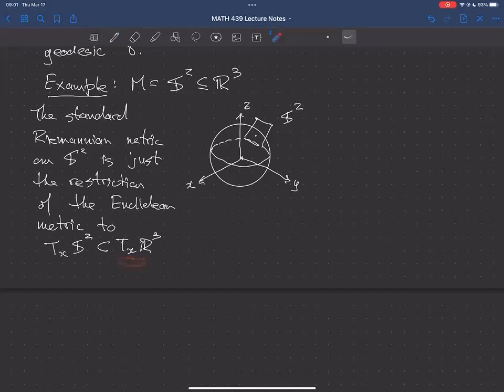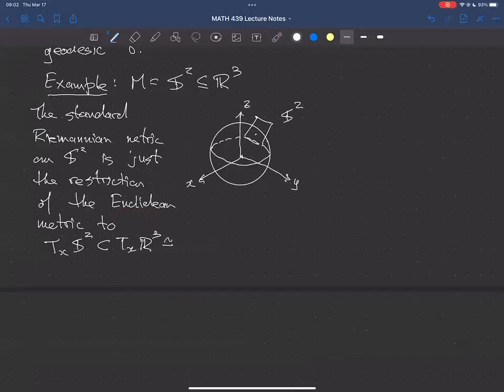This one has its Euclidean metric that we talked about last time, because the tangent spaces are isomorphic to R3. We have the standard Euclidean metric here, which gives us an inner product, which by restriction to tangent vectors gives us an inner product on each of the tangent spaces to S2. So that's what you would call the standard Riemannian metric on S2.